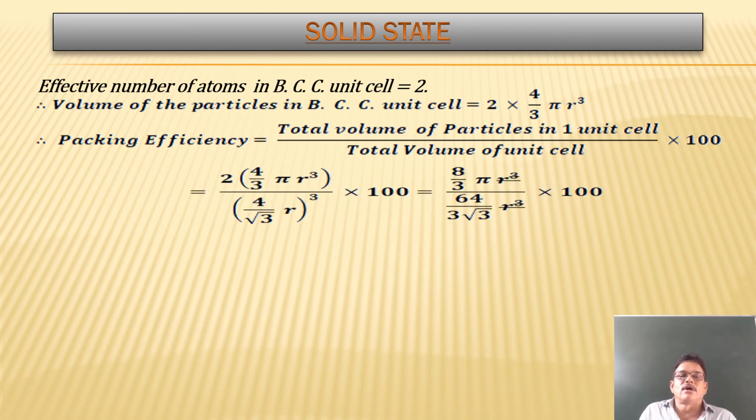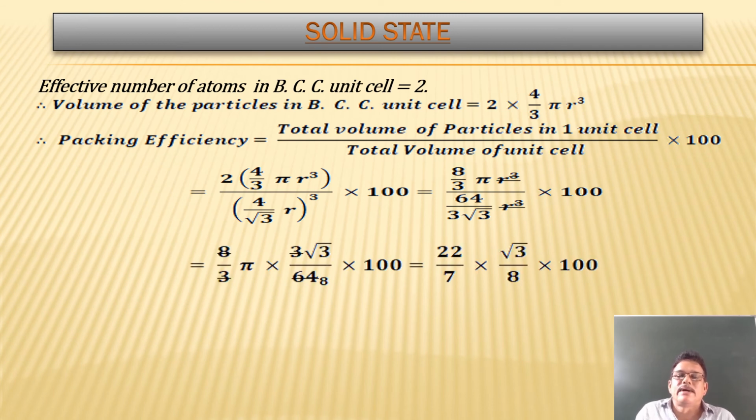Substituting total volume 2 into 4 by 3 pi r cube and total volume 4 by root 3 r whole cube, we will get 2 into 4 by 3 pi r cube by 4 by root 3 r whole cube into 100, or that is equal to 8 by 3 pi r cube by 64 by 3 root 3 r cube into 100. r cube cancels out. Okay.